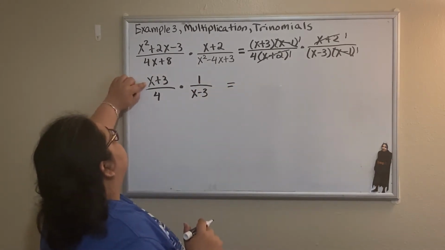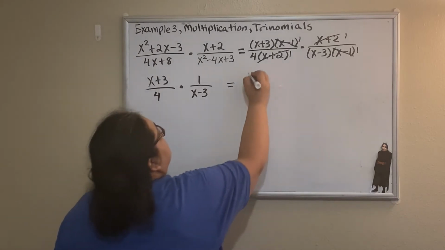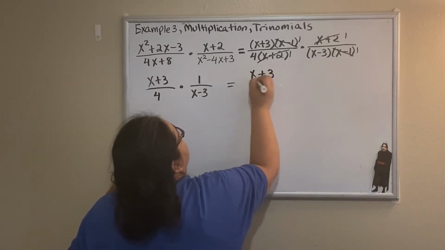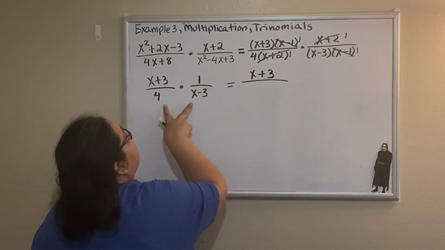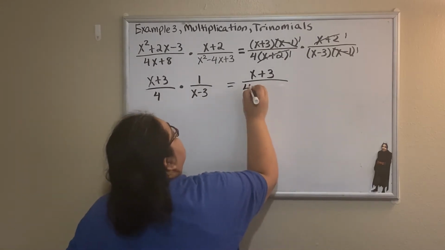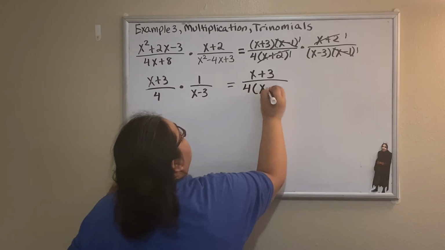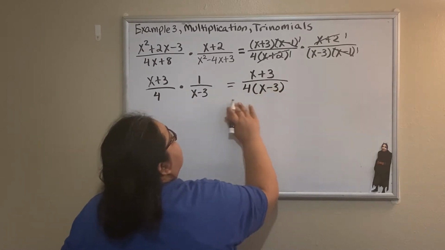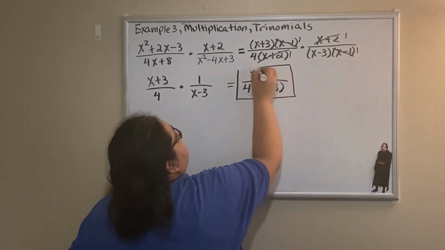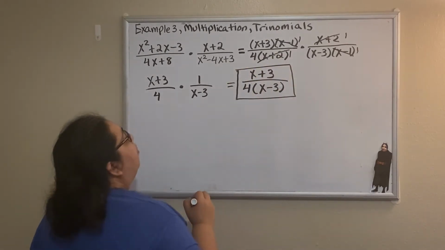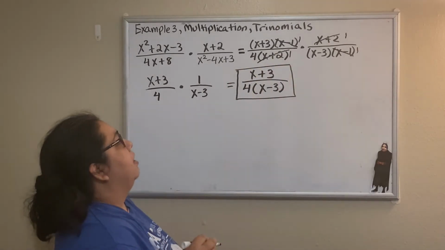We're going to say x plus 3 times 1. Well, that's just going to be x plus 3. And in the denominator, we have 4 times x minus 3. We can keep that factored. We can just say 4 parentheses x minus 3. And that is okay. So this is our product. This is our reduced product.